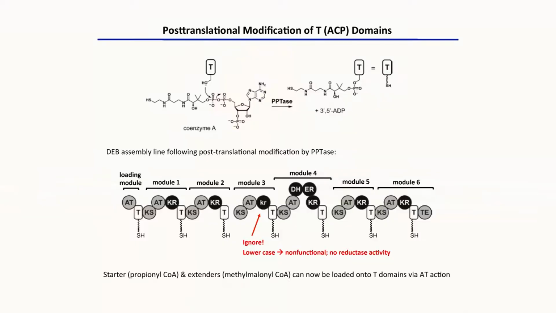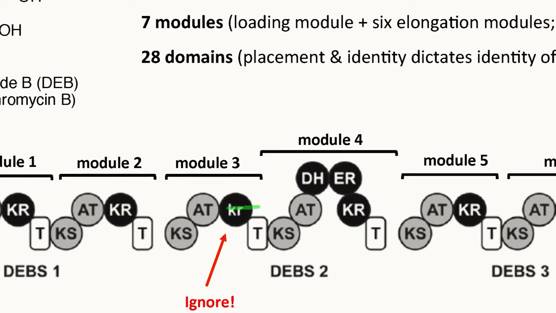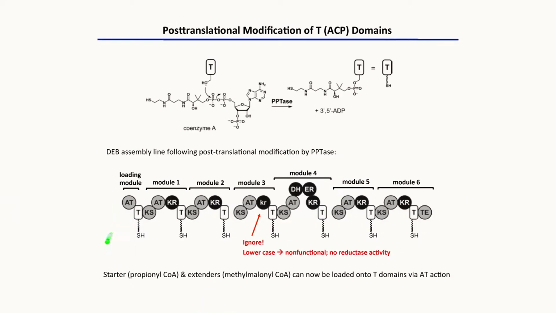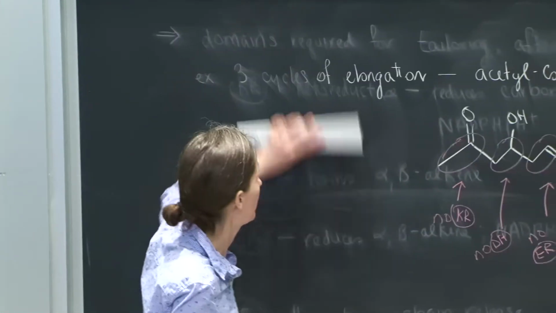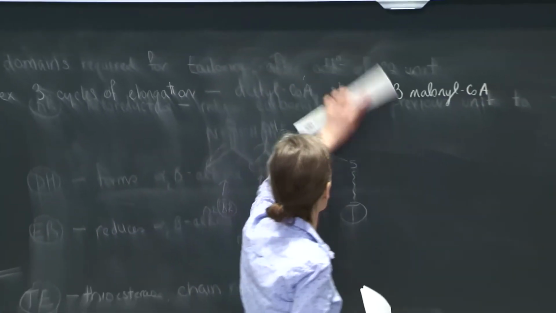So here, what we're seeing in this cartoon, going from here, this indicates that the T domains are not post-translationally modified. And here we see the assembly line after action of some phosphopantetheinyl transferase loading these arms. Okay? So each T domain gets post-translationally modified. What happens next? We have loading of monomers. And we'll look at modules 0 and 1 on the board, and then look at how the whole assembly line goes.